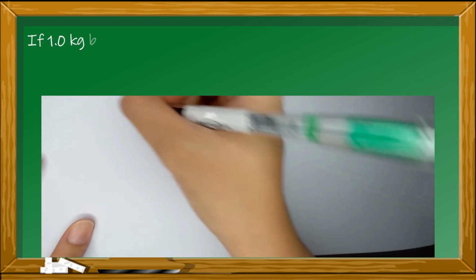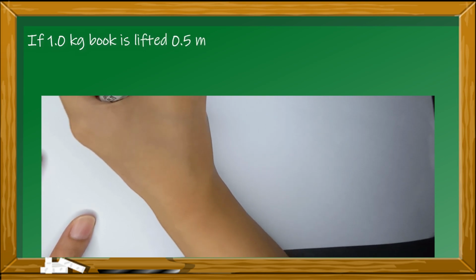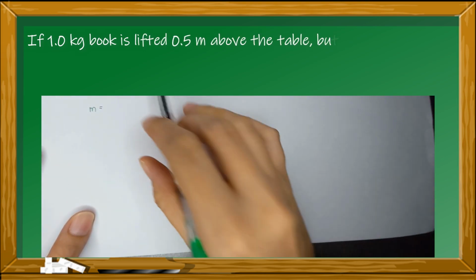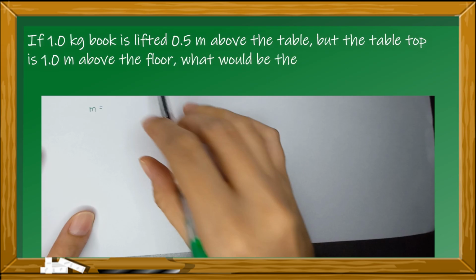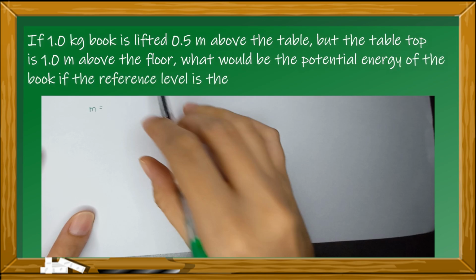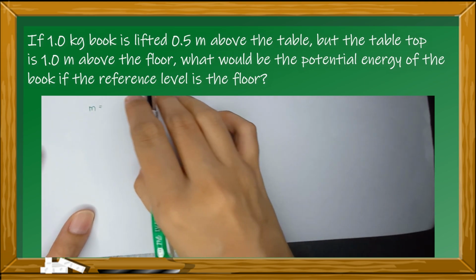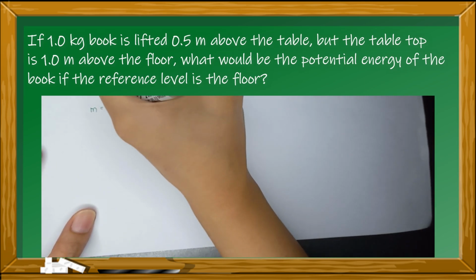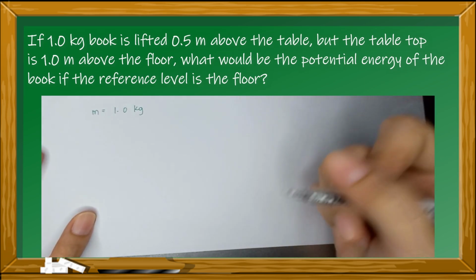Let's solve this problem. If a 1 kilogram book is lifted 0.5 meter above the table, but the tabletop is 1 meter above the floor, what would be the potential energy of the book if the reference level is the floor? Let's identify the given. The mass of the book is 1 kilogram.